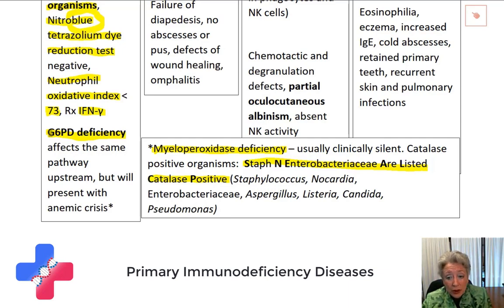But if you try to organize your thinking from the patient, you would realize then that a patient with G6PD deficiency is generally asymptomatic until there's some sort of stress that happens in their life, like an infection, like a treatment with a drug. And in those cases, how they present is with the anemic crisis that is reflected by that deficiency. They generally would not be aware of having had any phagocytic problem.